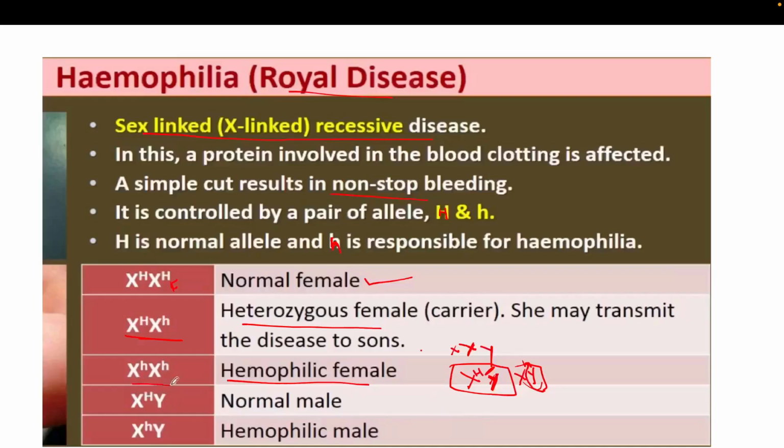Okay, so this is the hemophilic disorder genotype, where small h is there in both loci. And in the case of a normal male, as I have told you, when X capital H is transmitted to the son, then he is normal. When the small h is transmitted from mother to son, then he is a hemophilic male. Okay, so this is the cross of hemophilia.